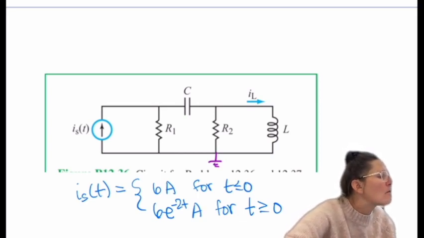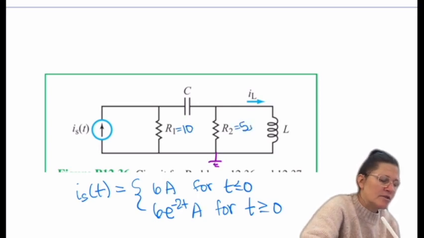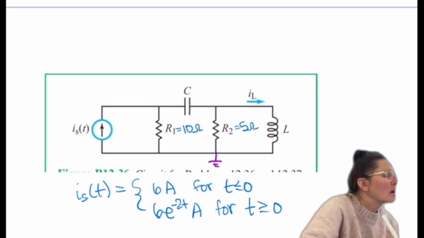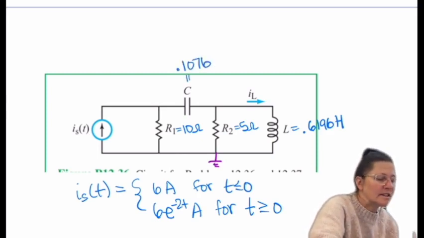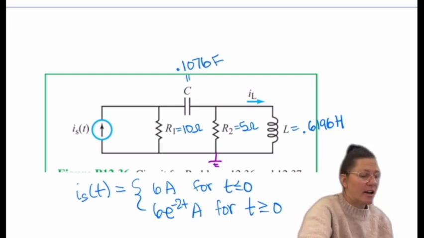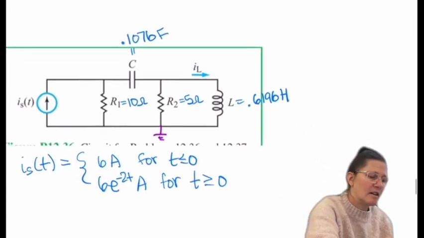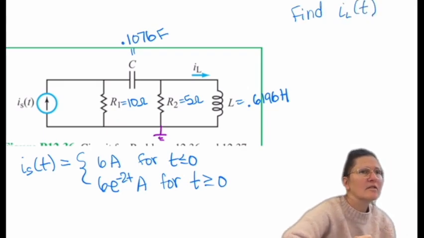R1 is 10 ohms. This is 5 ohms. L is 0.6196 henries, and C is 0.1076 farads. And we want to solve for IL of t using Fourier transforms.